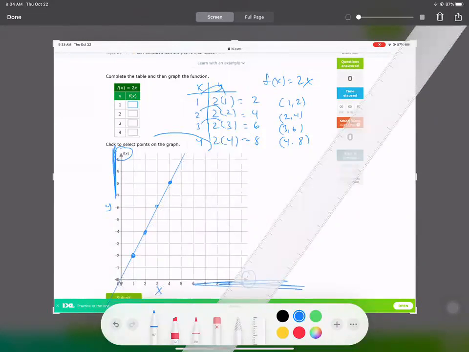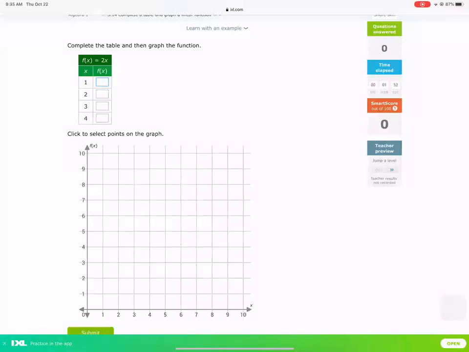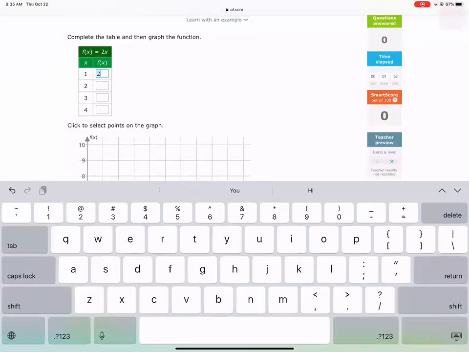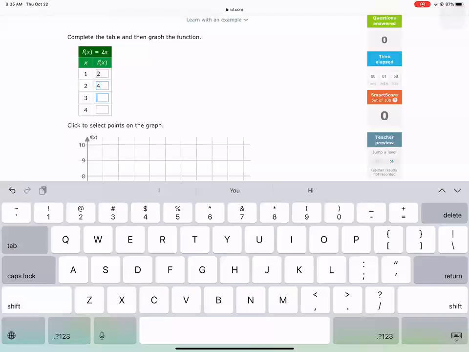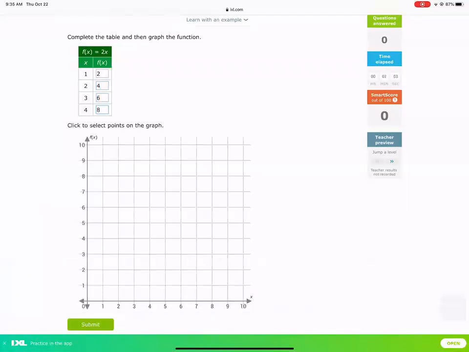On your IXL, in this problem, it will actually help you graph, which is the cool thing about IXL. When IXL helps you graph, it makes it easy. We said this was 2, 4, 6, 8. So we're going to plug in point 1, 2 to put a dot on the graph. Everyone see what I did there?